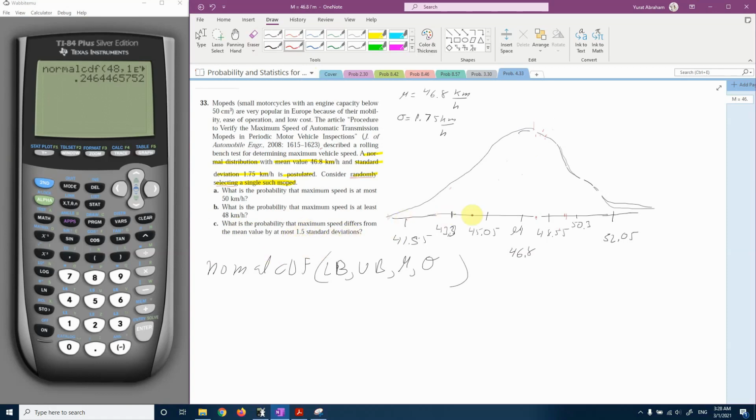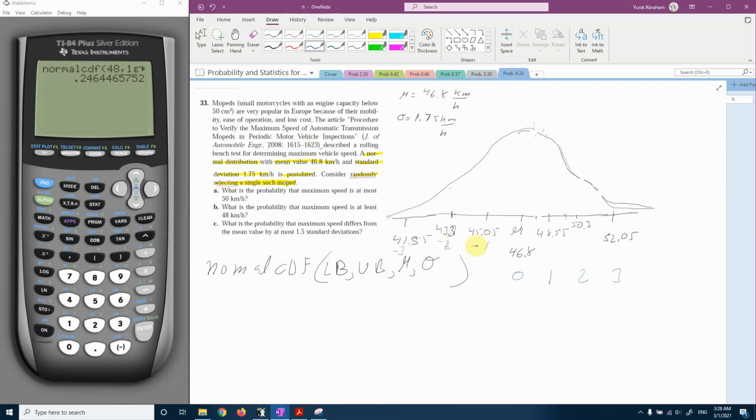Different from the mean, at most. So standard deviation. Here I'm going to write down the standard deviations. The mean starts at 0. The first standard deviation, the second, the third, and on the left it goes -1, -2, -3.